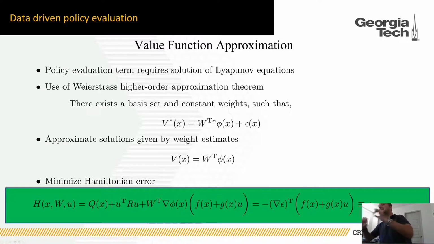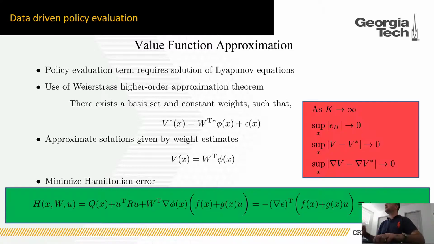If I take these W's and find the optimal ones, then my residual will be 0. Again, if I learn my W, my residual will be 0. This is a key point. As you include more neurons in your value function approximation, this will be 0, and I will compute my optimal cost and my optimal dV.